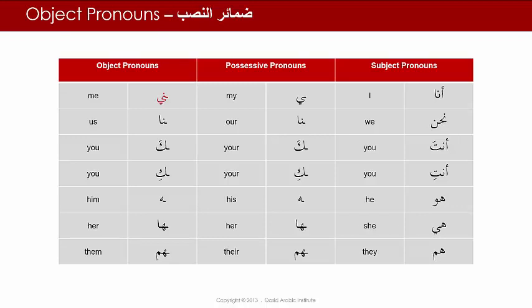I don't say هل تعرفي, I say هل تعرفني? Do you know me? Right? And if I say my book, I would say kitabi. But I don't say kitabuni, I say kitabi. So the possessive pronouns which attach to the ends of nouns look very similar to the object pronouns that connect to the ends of verbs, except in the first person singular where we add a noon before the ya.